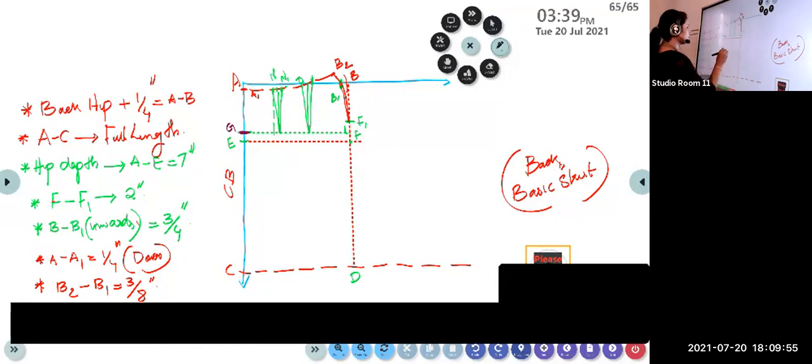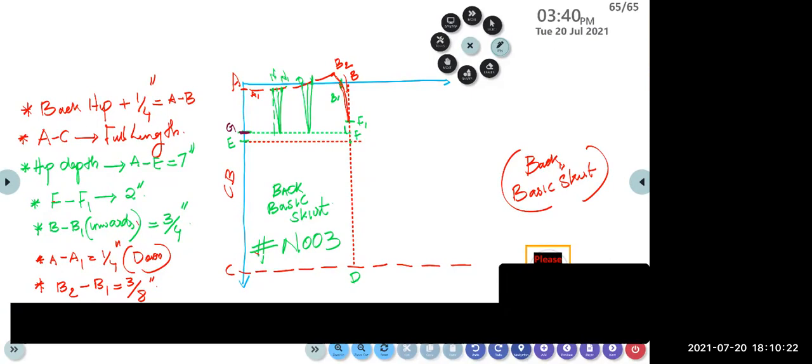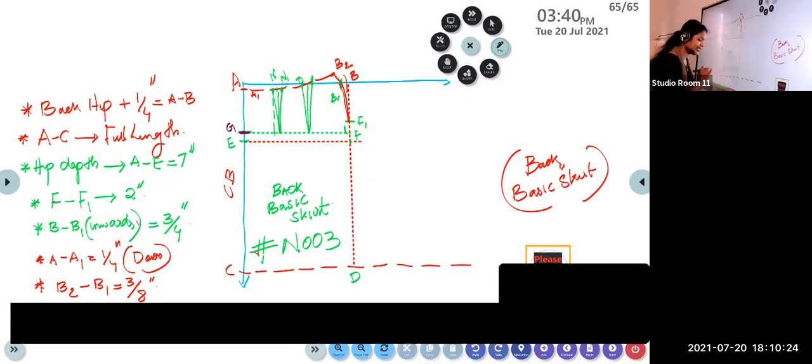This is your back basic skirt pattern. I'm going to give it a style name, maybe hashtag N003. And give it a date.